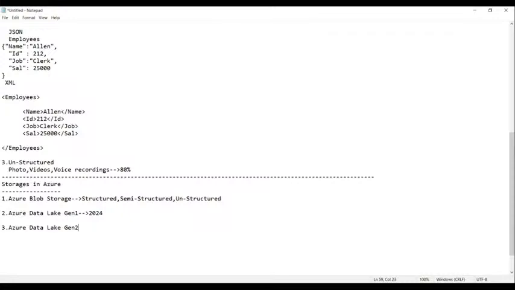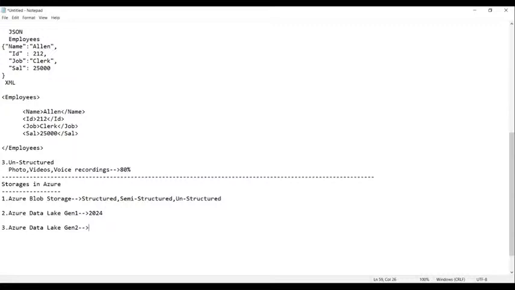Basically, the Azure Data Lake Gen 2 also stores the data. What kind of data does it store? It can store any kind of data.